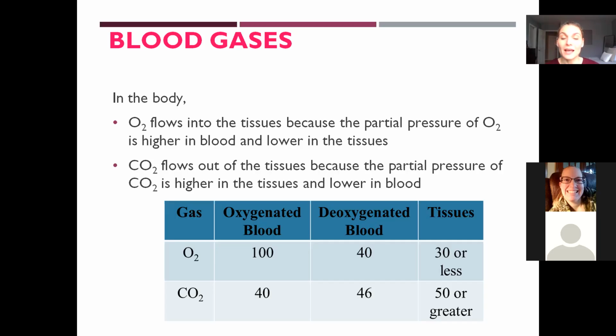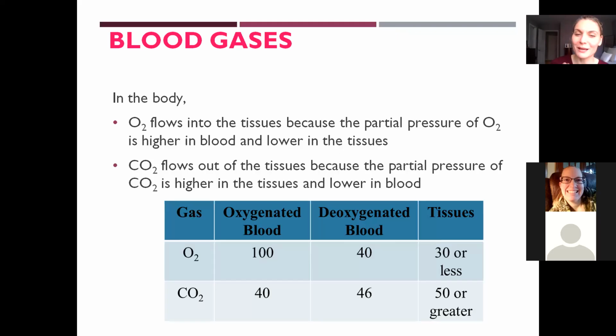Because of that, we care about what's happening in our blood and in the tissues. Depending on whether it's higher or lower, we'll have a drop off or a pickup. For oxygen in our tissues, we have higher oxygen in our blood, so it wants to move to the tissues. And for CO2, because we have more in our tissues than in our blood, we end up dropping off oxygen and picking up CO2.